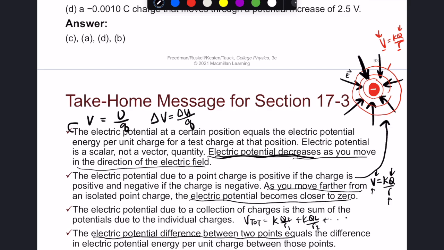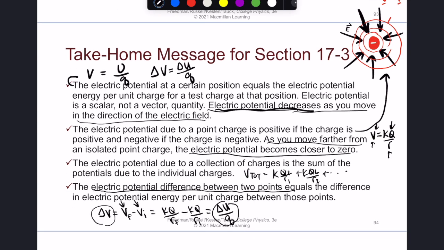So if V at the final position is equal to KQ over R final, minus KQ over R initial, okay, that's equal to the energy change per unit charge. So, right, that's our original definition of potential. It's just telling you that this is also true if you decide to express potential due to an individual point charge.